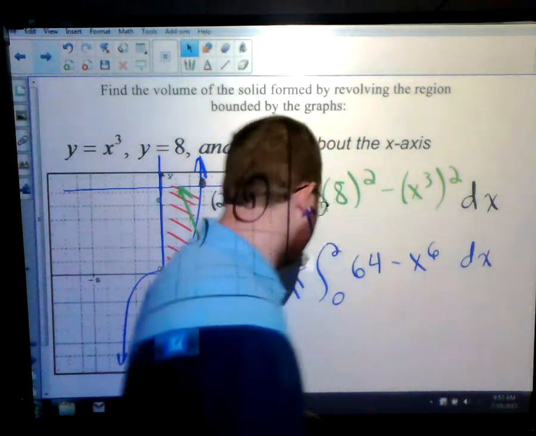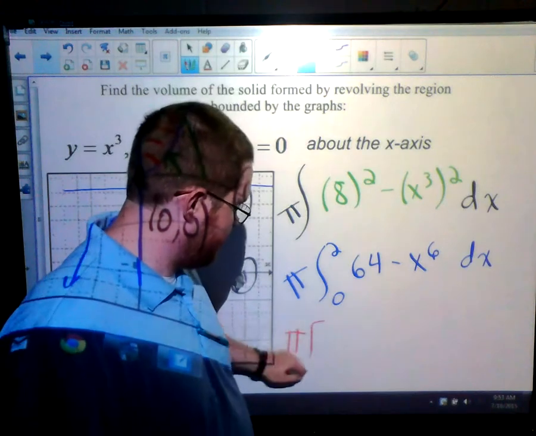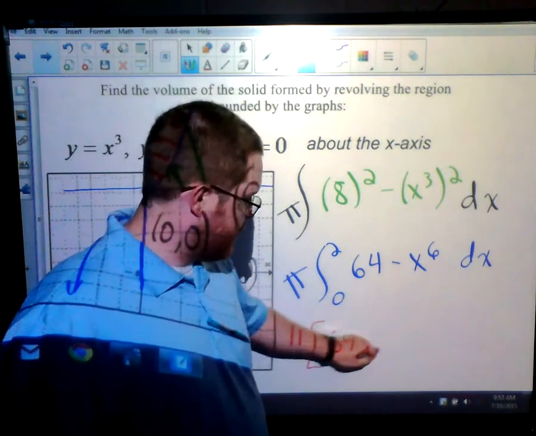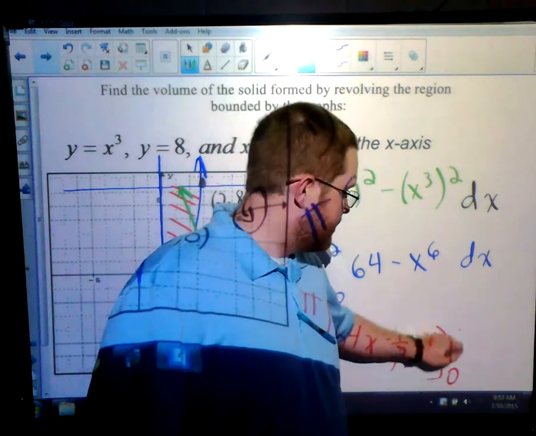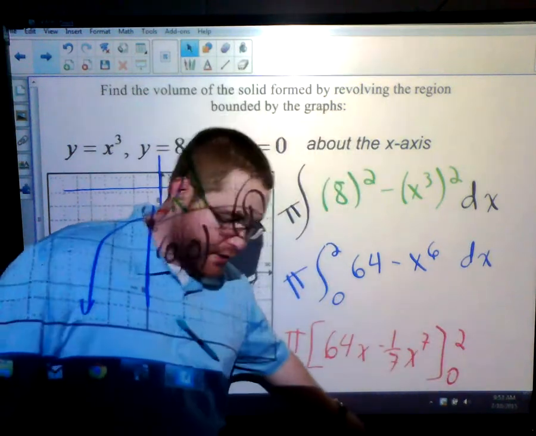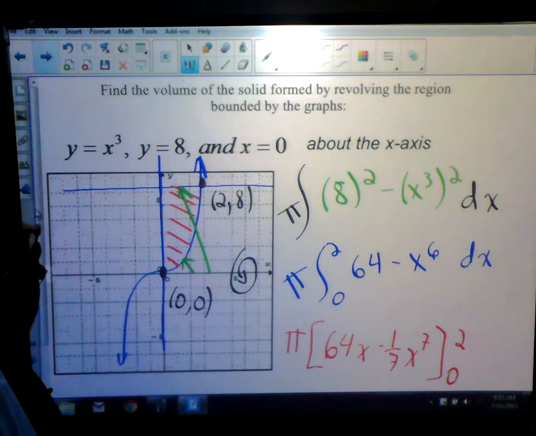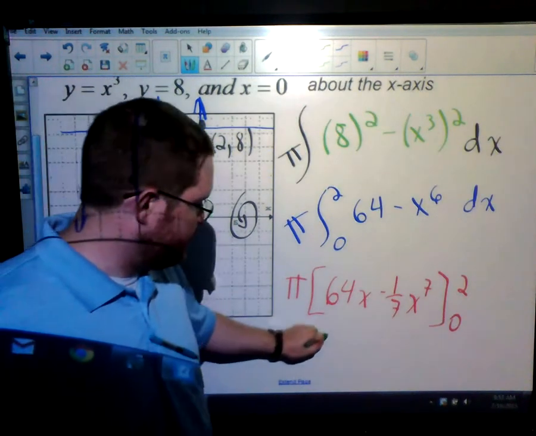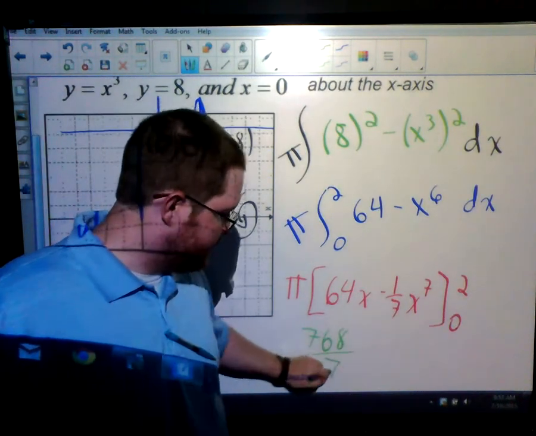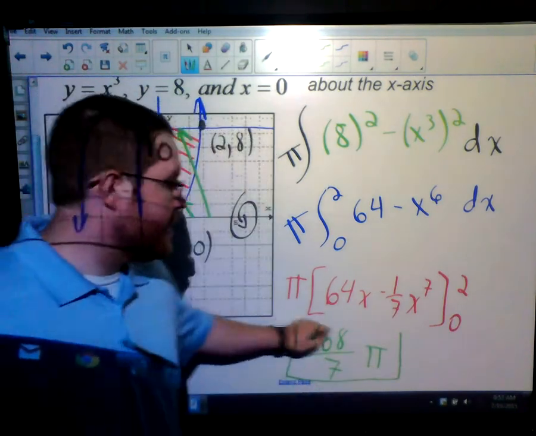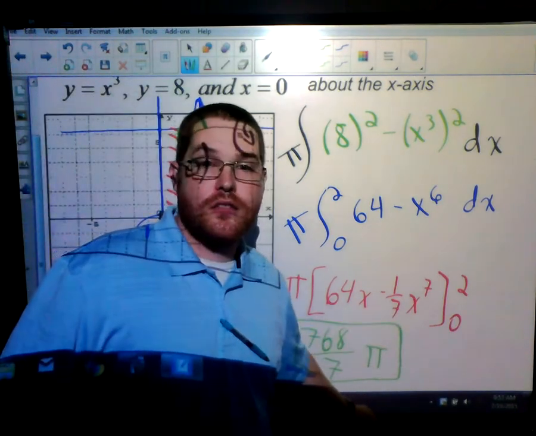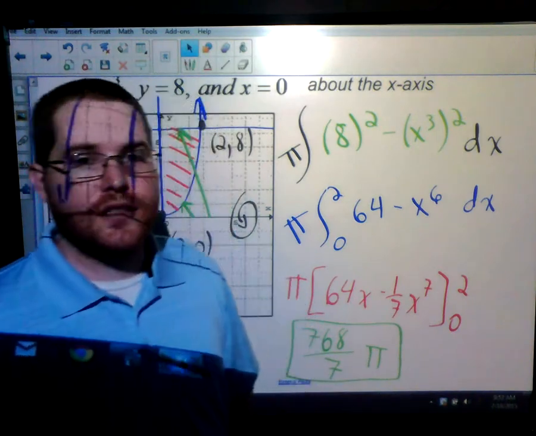Integrating this, and I'm going to do this one by hand because it's pretty easy. 64x minus 1/7 x to the 7th. You evaluate it from 0 to 2. If you plug all that in your calculator, you get 768 over 7 pi. You can multiply the pi in if you want, and on some tests they will, on multiple choice tests they might.